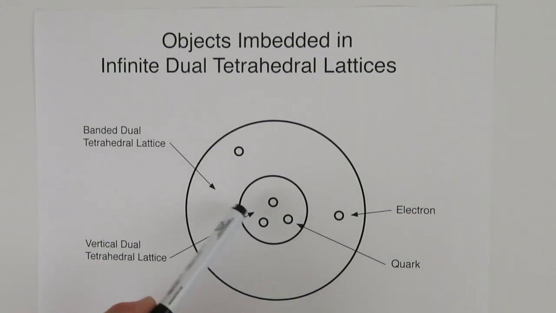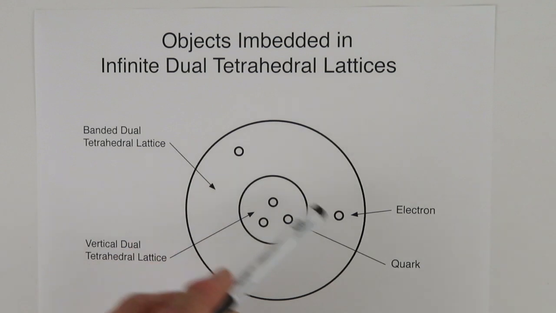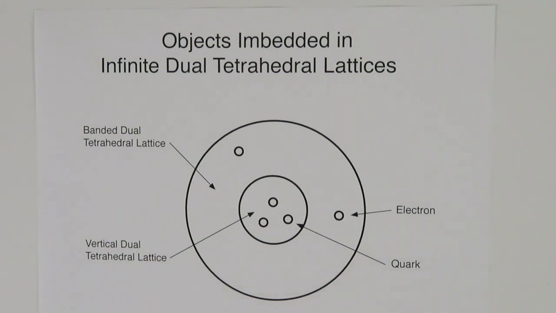It should be possible to interface these two field structures on a one-for-one topological basis, and yet the constructions are entirely different. Suppose in the outer field we embed objects which we might call electrons, and in the inner field objects that we might call quarks.